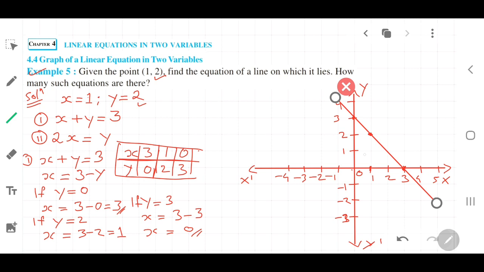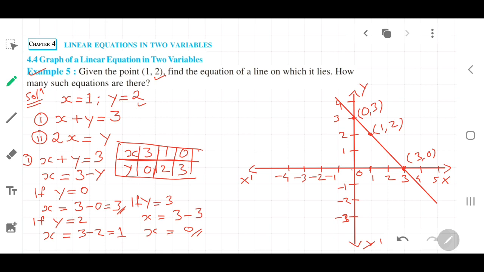This way you join it. Where the coordinates are, you write their values here. So in this case you can write 3 and 0. At this point you can write 1 and 2, and here you can write 0 and 3. Is it okay? So in that way we can represent the equation x plus y equal to 3 in graphical form.